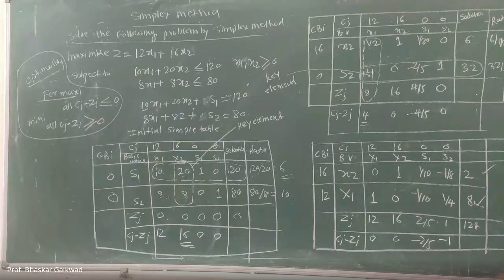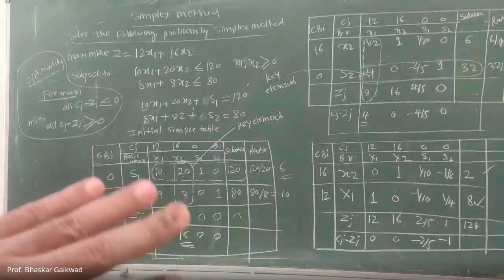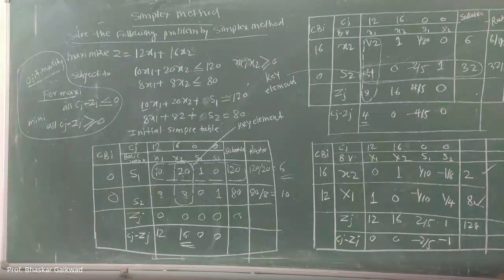Third, how to solve any problems by using the simplex method. Correct. So you have to go for this number of tables unless and until you get that condition. Whatever I have written on the blackboard at left hand side, optimum condition for maximization, Cj minus Zj means our last row.